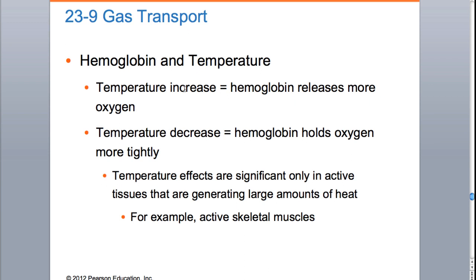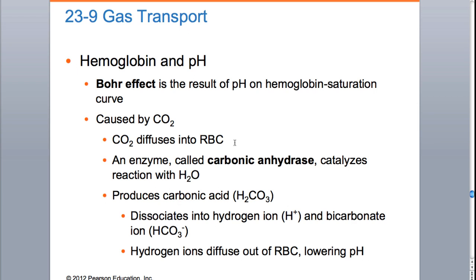Here's the slide that goes with it. And here's the slide that I passed up and I'm going back to. This slide is important. It's called the Bohr effect. Again, notice it's caused by rises in CO2. As you know, CO2 will be carried on a red blood cell, just like oxygen.